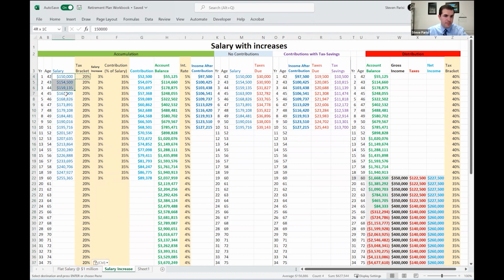Here we go. So one thing that I would look at for myself here is to say, okay, if I've got a salary of 150 now, yes, a 3% increase is the standard. However, do you think that people that work at companies ever feel that something like this is unrealistic?